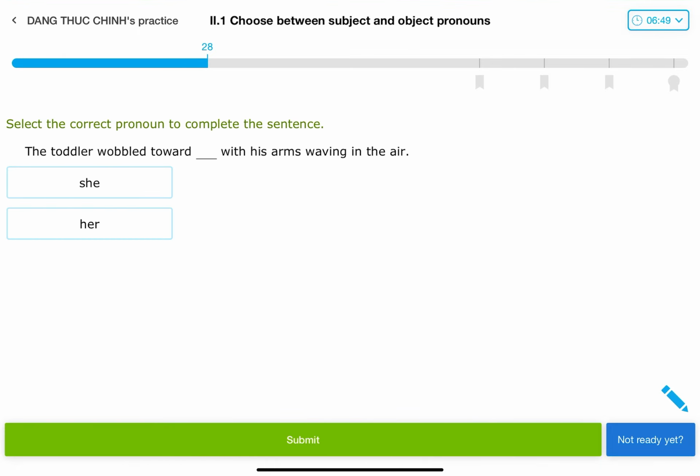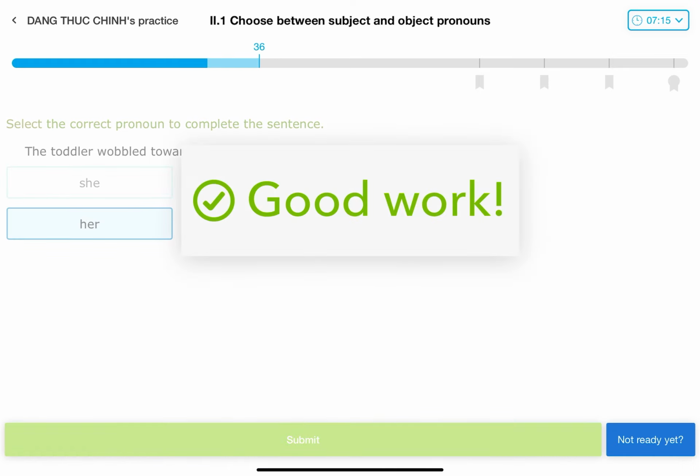The toddler wobbled toward her with its arm waving in the air. Toward is a preposition, and an object pronoun can come after a preposition, not only after an action verb. Here the preposition is toward, so we use her.